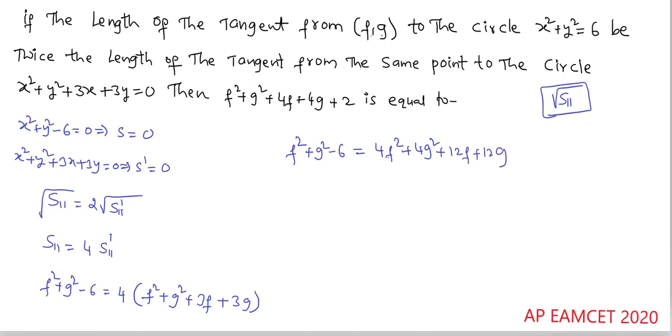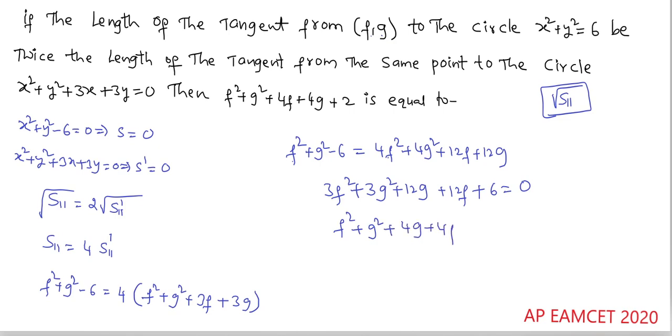Here 4f² − f² is 3f², and 4g² − g² is 3g², so 3g² + 12g + 12f + 6 = 0. Taking 3 common, f² + g² + 4g + 4f + 2 = 0. So the value of f² + g² + 4g + 4f + 2 is 0.